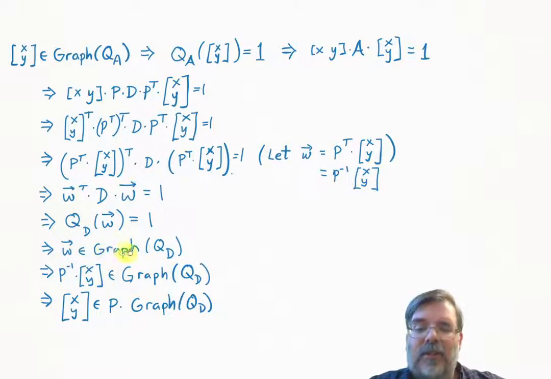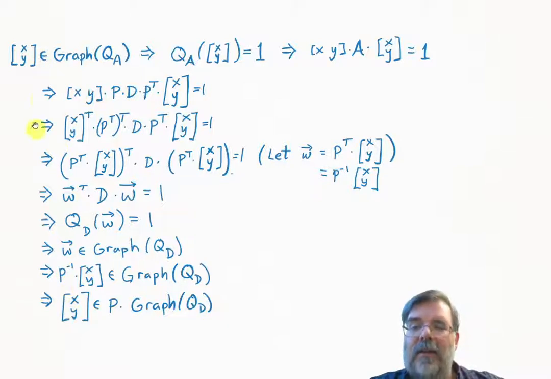So saying W is on the graph of Q_D means that P inverse times (x, y) is on the graph of Q_D. I really want to take that P inverse and move it from the left to the right. So P inverse times this vector is on the graph exactly when this vector, (x, y), is an element of P times the graph. In other words, the point (x, y) is on the rotation applied to the graph of Q_D.